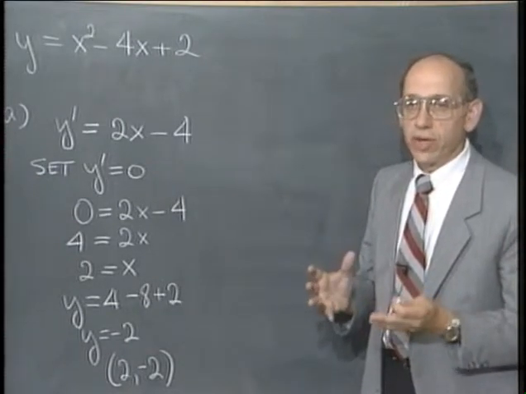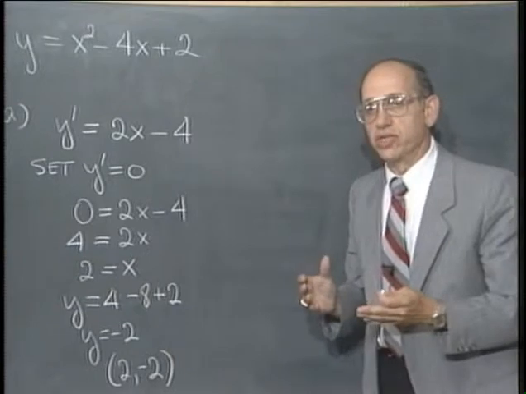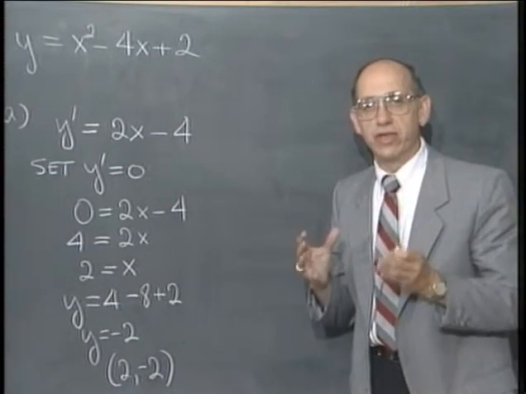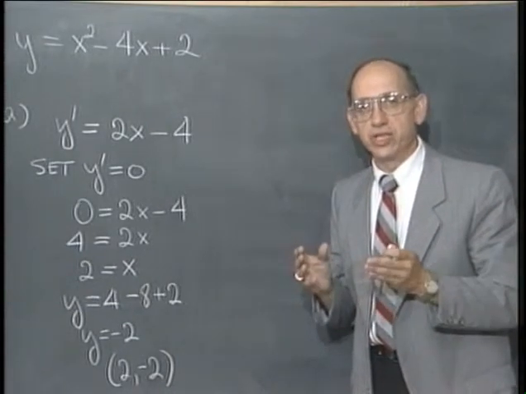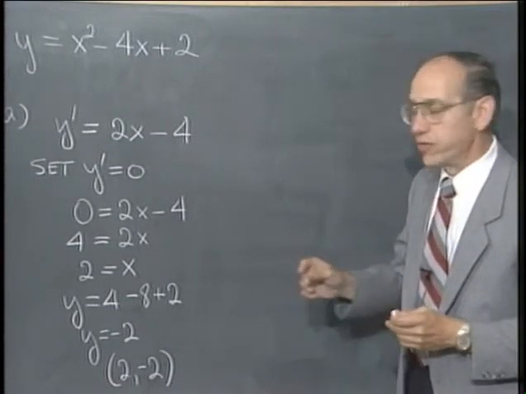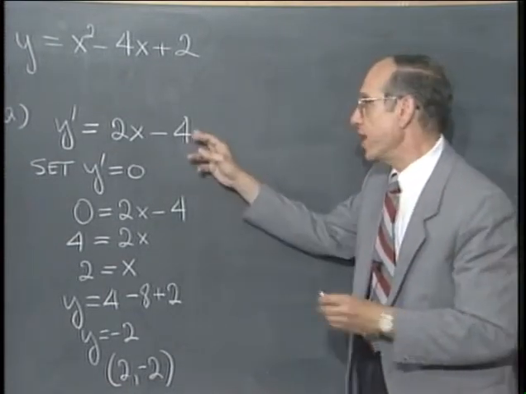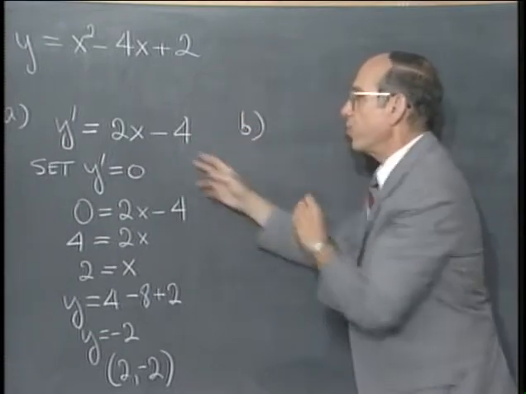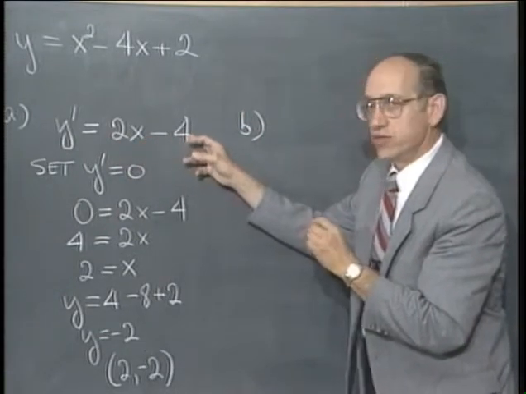So in order to tell where the function is increasing, where it's decreasing, we simply look at the derivative formula and see where that's positive and where it's negative. Now, our derivative formula in this case, we just found, is y prime equals 2x minus 4.